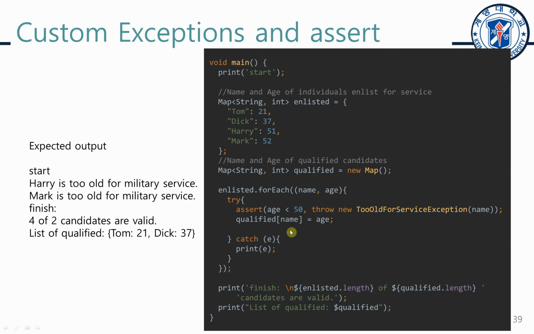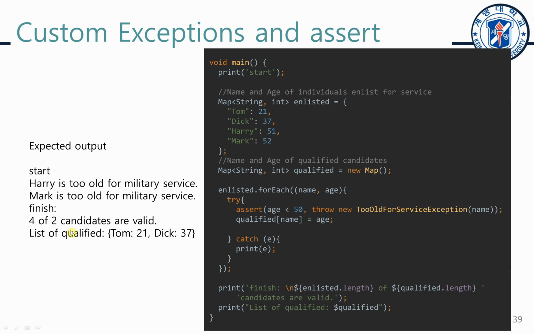When you finish checking all these people to see whether they qualify for military service, then you print that we finished, and maybe enlisted.length, which means there will be two of the four people, the two candidates are valid, and then we print out the list of qualified.